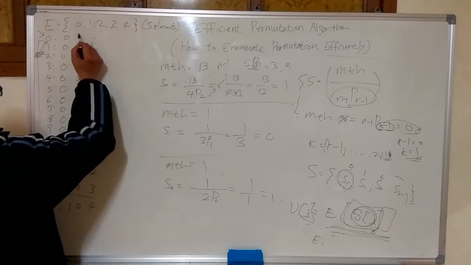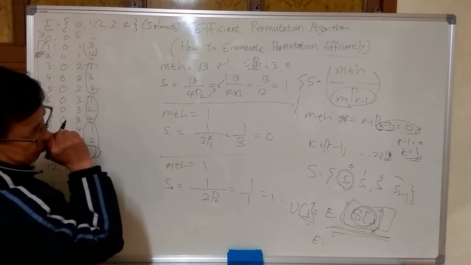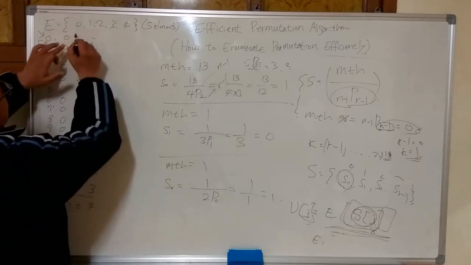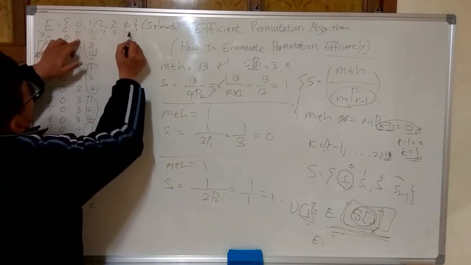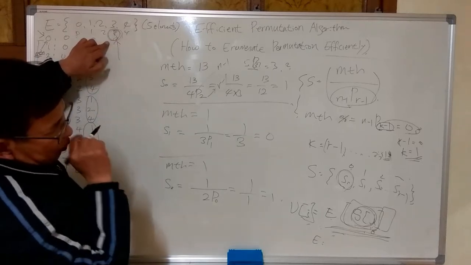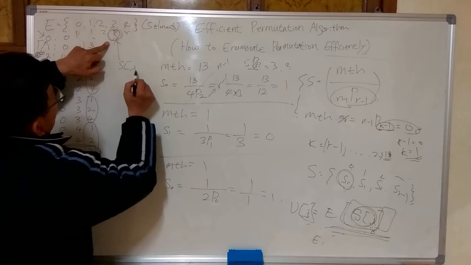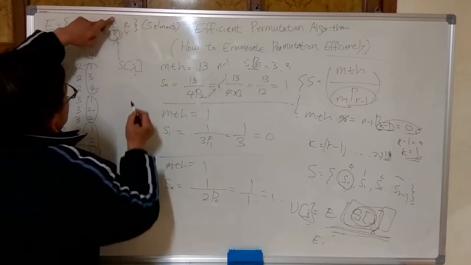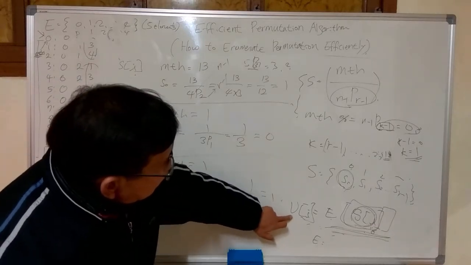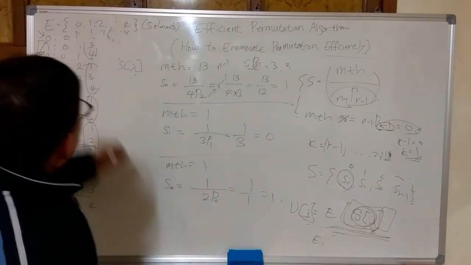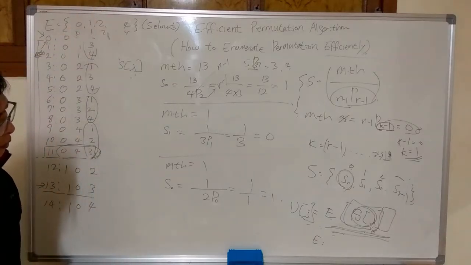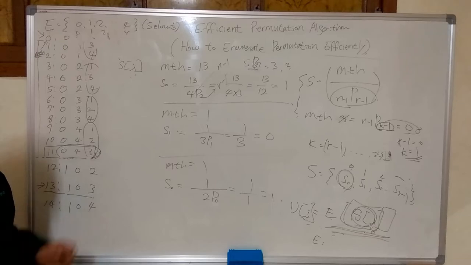For example, this is S, this should be 0, 1, 2, 3, 4. Then this index, the element will be Si. This number should be deleted like this. When we move to this vector, the result set, the corresponding element should be removed. I hope you understand.